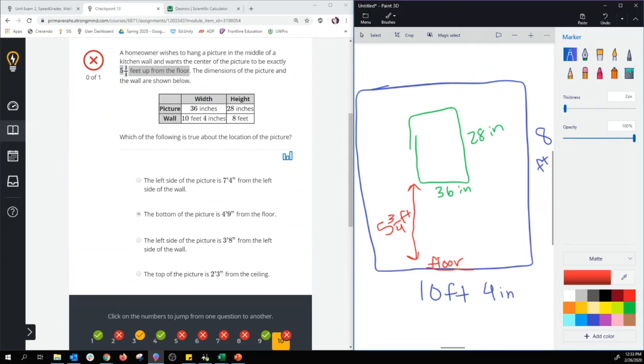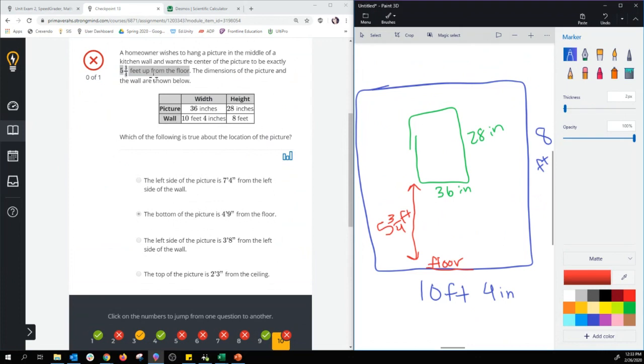Let me read the answer choices here. It says the left side and bottom and the top. All right, so we need to figure out how high this is off the floor.